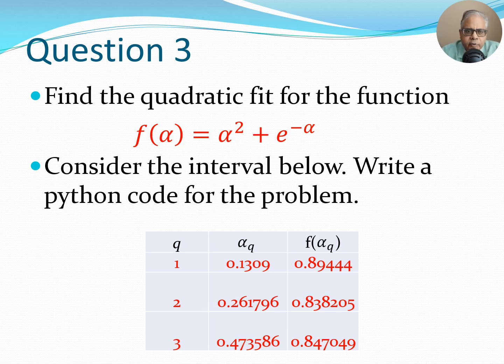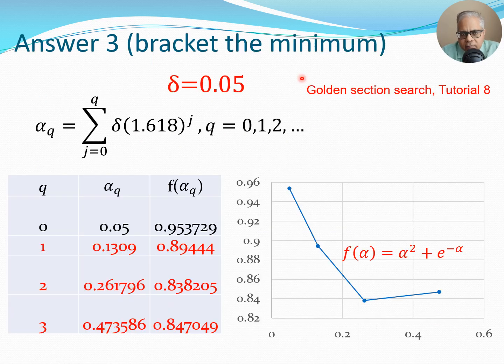Now let's come to question number 3, and this question essentially tells you to find the quadratic fit again, but this time you need to write Python code for this problem, and essentially these three numbers are given here. Now some of you may remember this set of numbers from the golden section search tutorial 8.